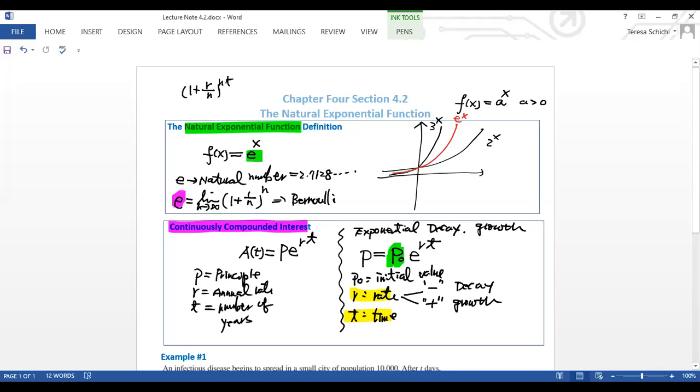That's why we say that for the pandemic, the growth of infected people is exponential growth. If, let's say, every 2 days I'm going to double it, then the time unit here will be every 2 days, right?